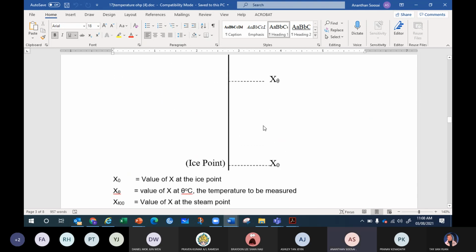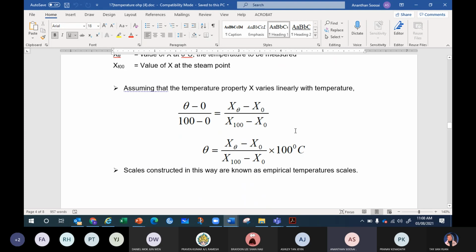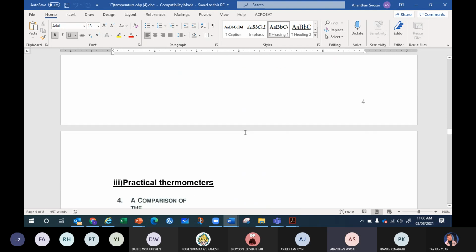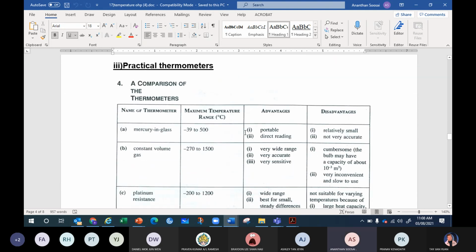Okay, so we divide, then we get these equations. That day we stopped here, right? The X stands for L in the case of mercury, R for resistance, and P for a thermometer which measures pressure. Commonly we write X. So today we're going to discuss practical thermometers.